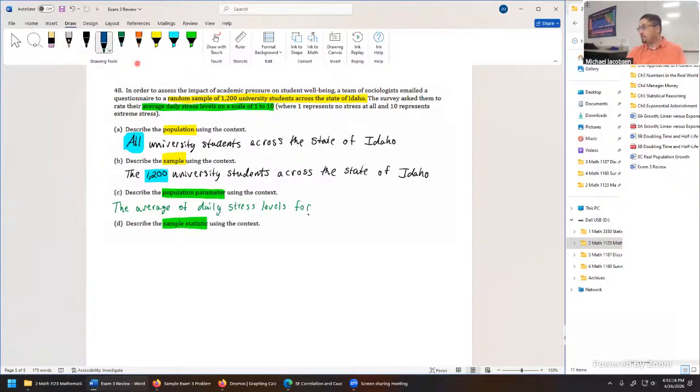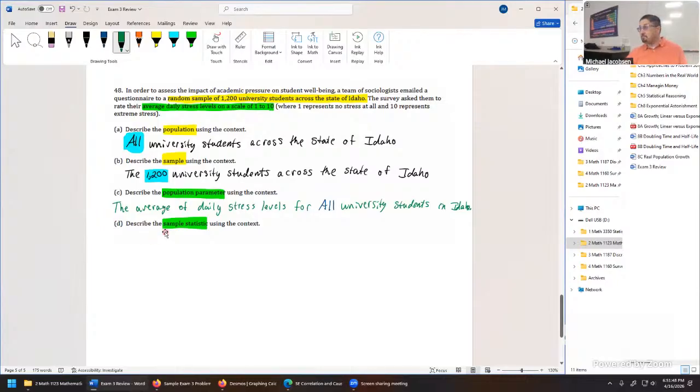So let's say again, all in caps like that, just to emphasize, students, well, this was university students, in Idaho. Ran out of space, so let's just make that brief. So that's what the parameter is. This is the unknown in the statistical study. This is the thing they're trying to estimate, learn more about.